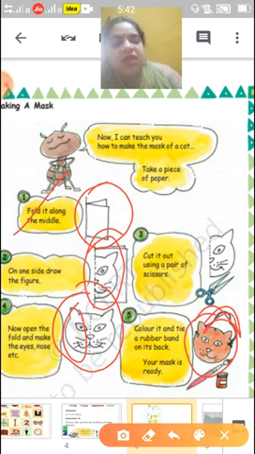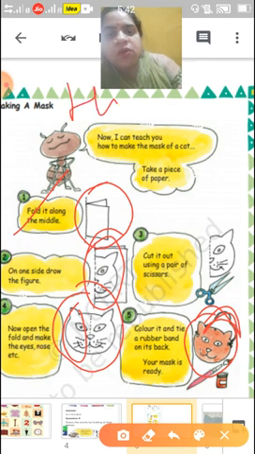You have to tie a rubber band. Make a hole with a pencil and then you tie a rubber band. Your mask is ready. So children, do this activity at your home. This is your homework. Okay children?